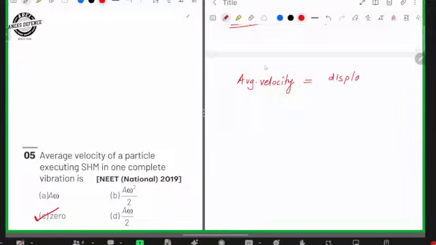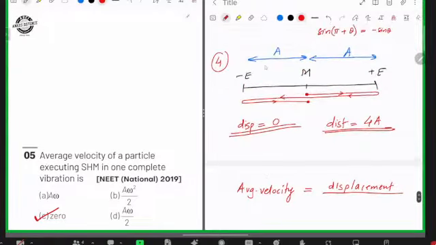What is the displacement in one oscillation? I told you the displacement in one oscillation is 0. Therefore, substituting 0 in place of displacement, you will get the answer 0.